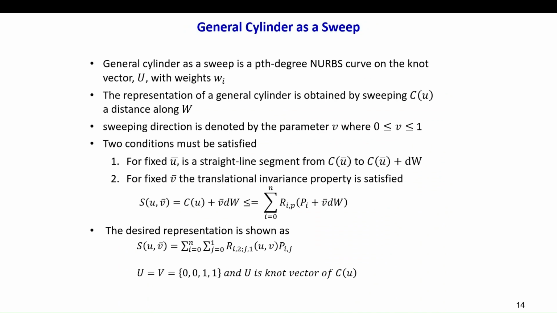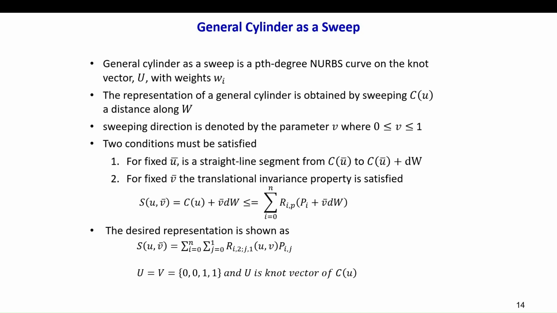Next topic to discuss is general cylinders as a sweep. A general cylinder as a sweep is a pth degree NURBS curve on the knot vector u with weights wi. The representation of a general cylinder is obtained by sweeping C(u) along a distance d along w. Sweeping direction is denoted by parameter v, where v is between 0 and 1. There are two conditions that must be satisfied.